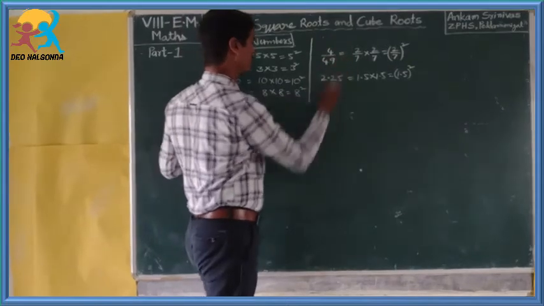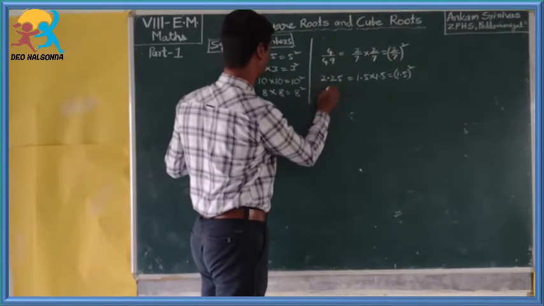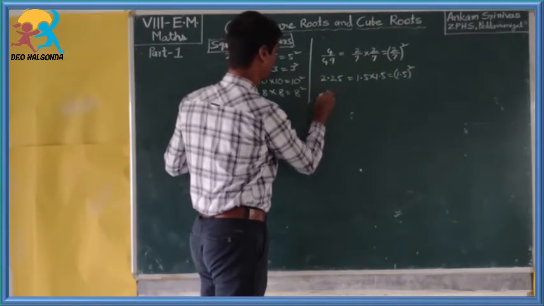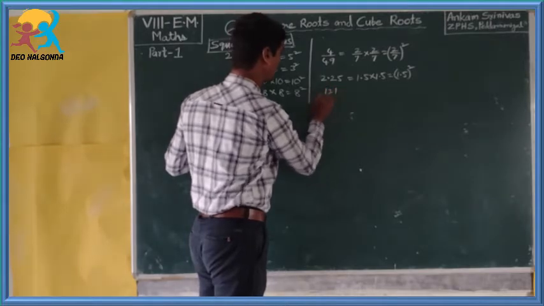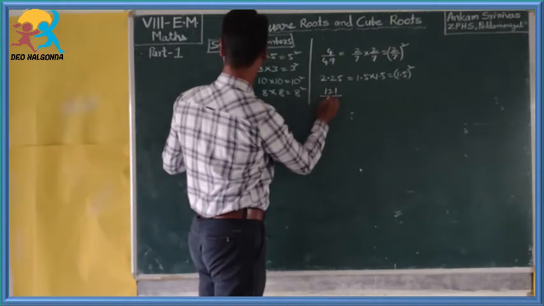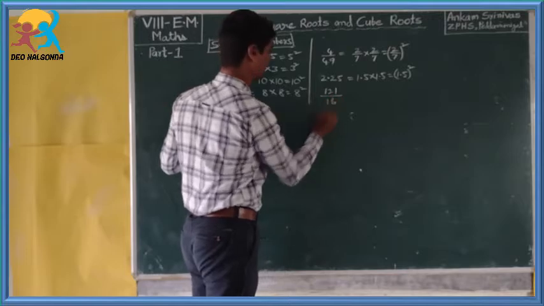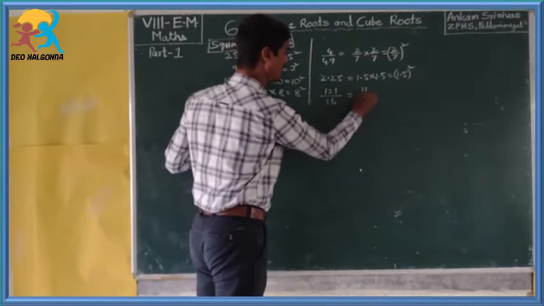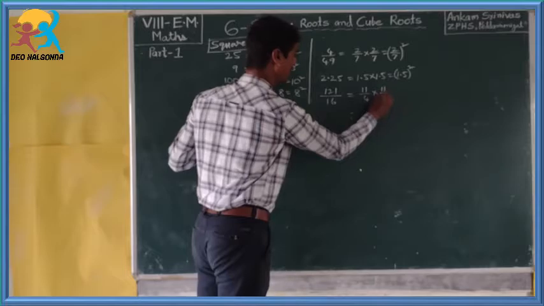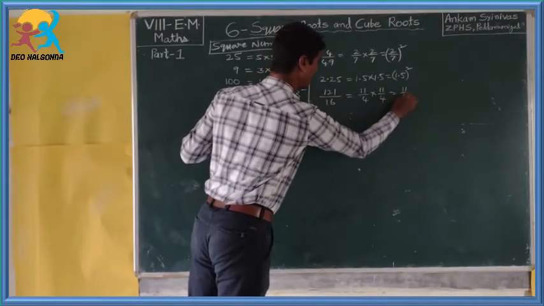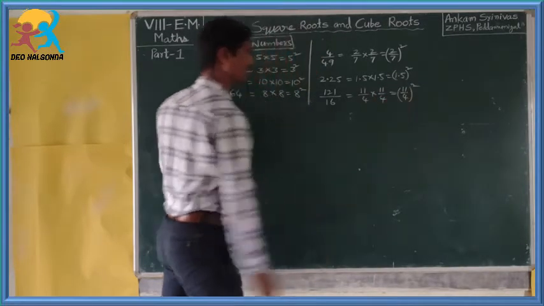Take another problem here, 121 by 16. It is 11 by 4 into 11 by 4 equal to 11 by 4 whole square.